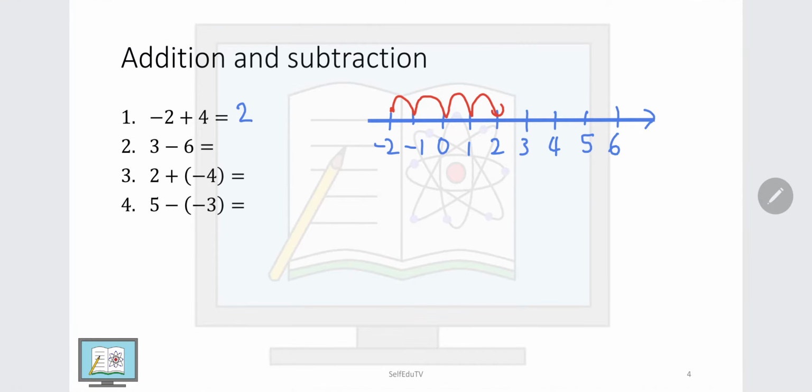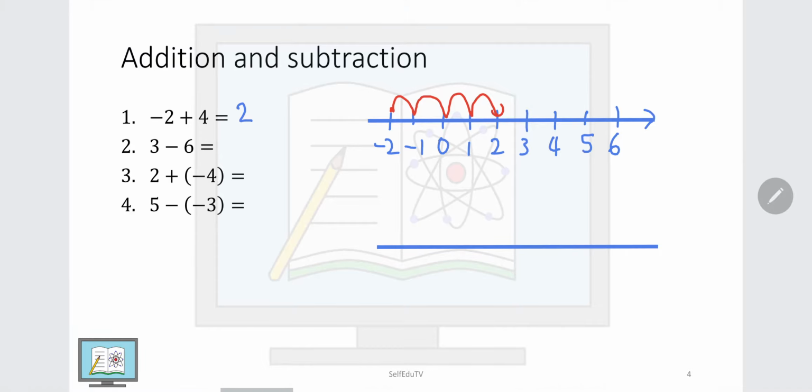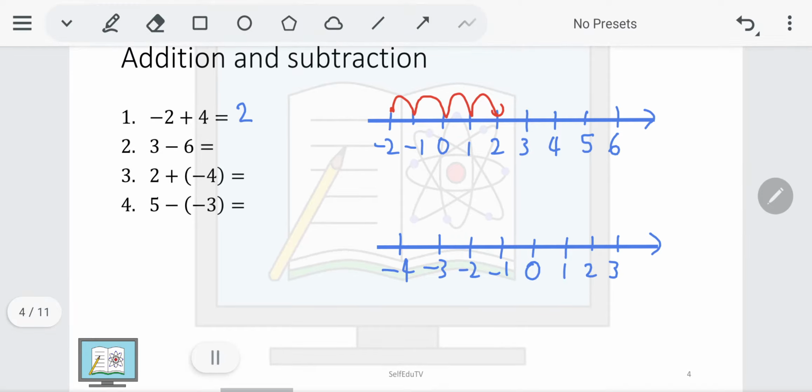3 minus 6. You may also use a number line. Minus means moving to the left by 6 steps.